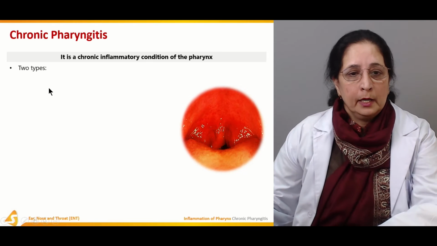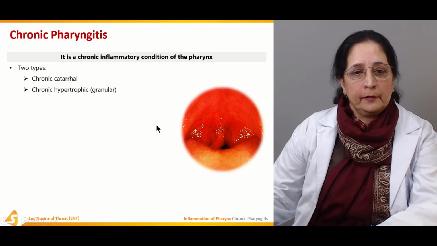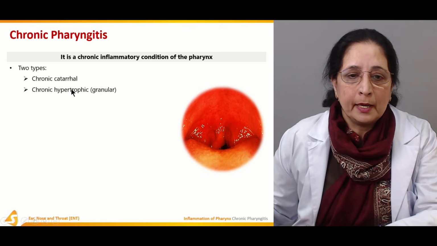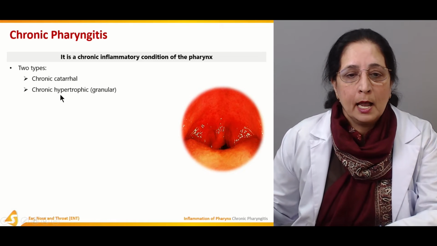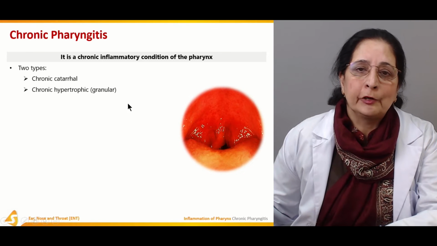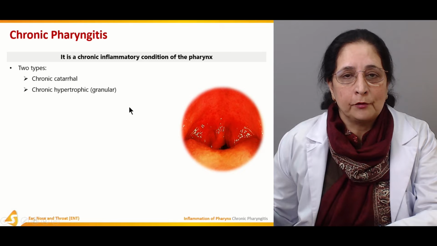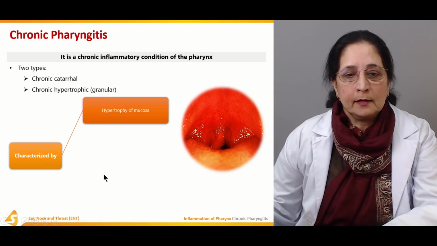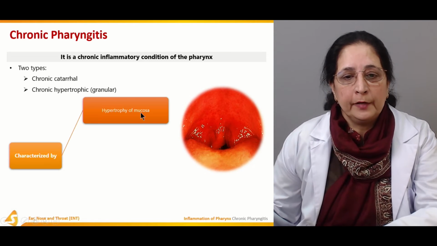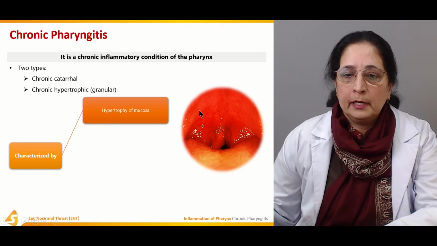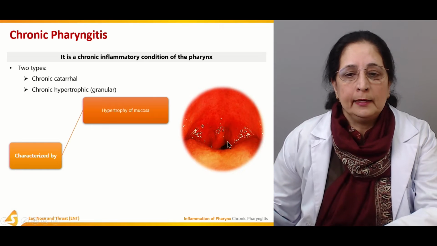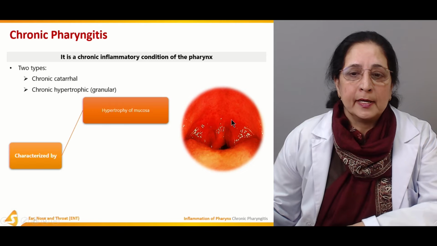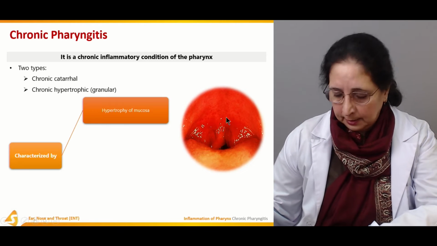There are two types of chronic pharyngitis: chronic catarrhal type and chronic hypertrophic granular type. It is characterized by hypertrophy of mucosa. Very good picture on clinical examination of how the mucosa of the pharynx is hypertrophied.